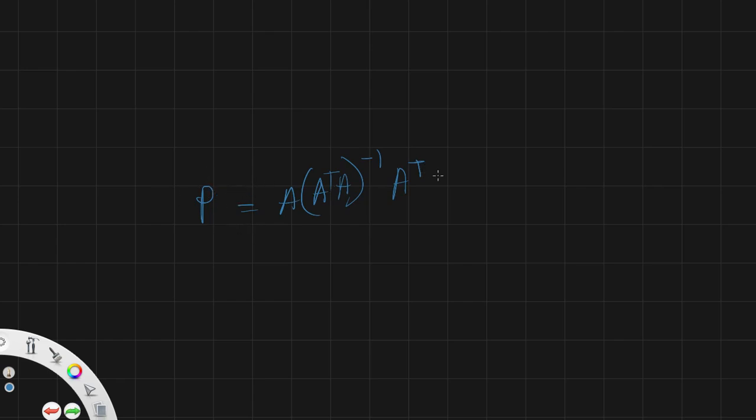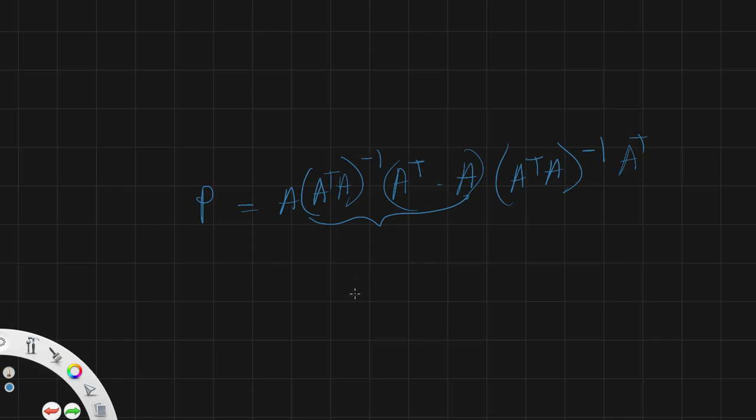P square is equal to this into this. This portion becomes identity, so we have A again, so this gets deleted. We again have P. So P square is equal to P, proved.